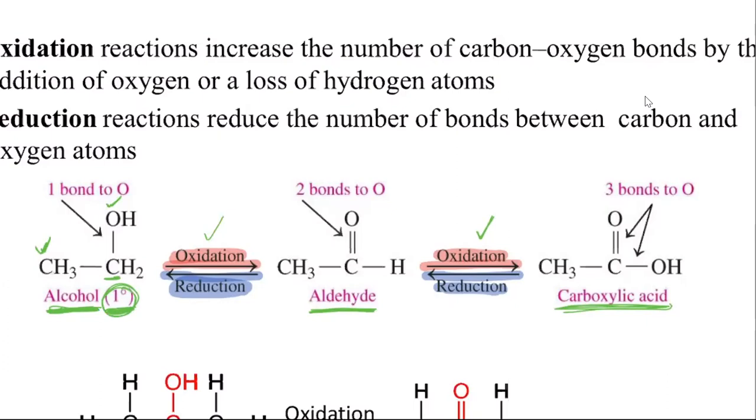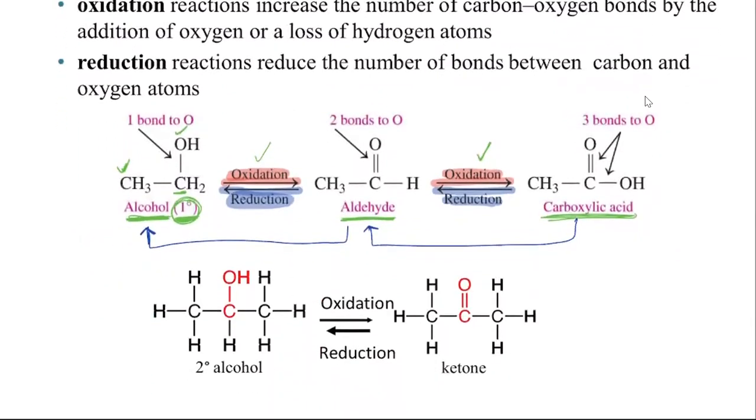And what is going to happen in reduction, as you can see, is that we are going to reduce the number of bonds between carbons and oxygens. So if we look at the reverse reaction, carboxylic acids can be reduced to aldehydes. Aldehydes can be reduced to primary alcohols, okay?